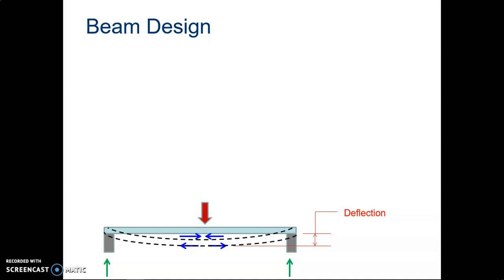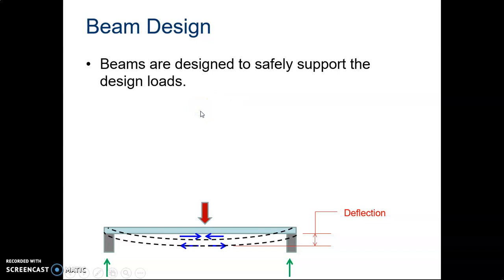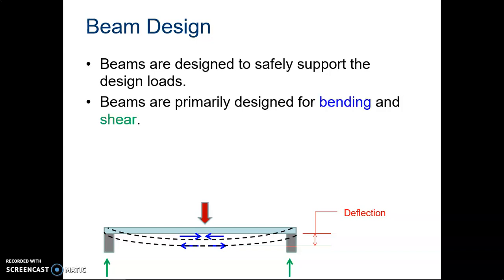When you design a beam, you are checking to make sure that it can safely support the design loads. So, you want to figure out what's going to make the beam fail. So, you're going to figure out which beam you need that could support all the possibilities of how the beam would fail.